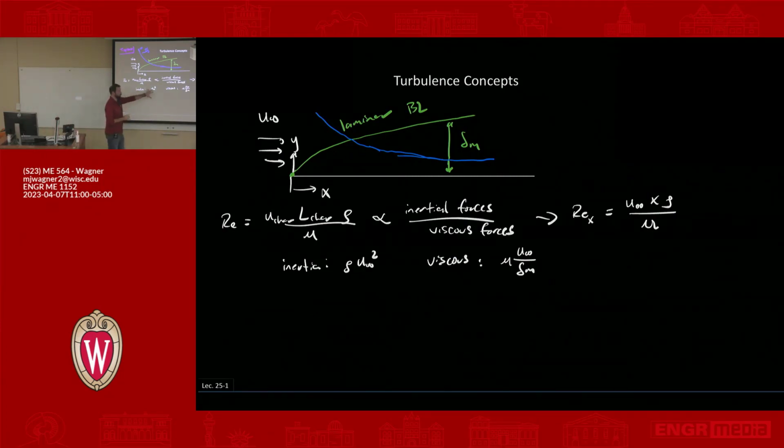So we want to look at the ratio of these two things. Okay. So if I take the ratio of those two things, I would get, let's see, rho u infinity squared delta m over mu u infinity. So u infinity cancels out. And this tells us what? Reynolds in terms of delta m is equal to rho u infinity delta m over mu.